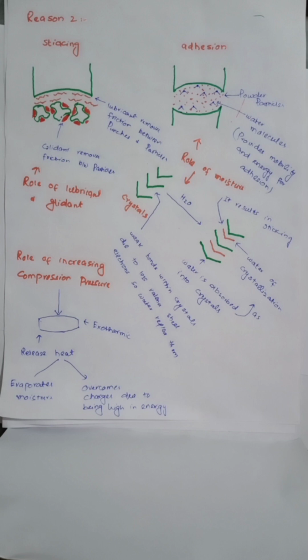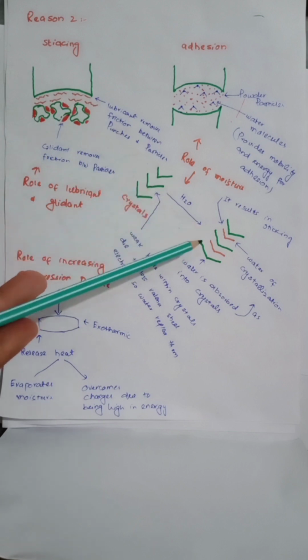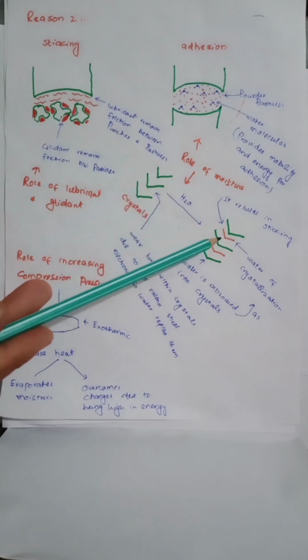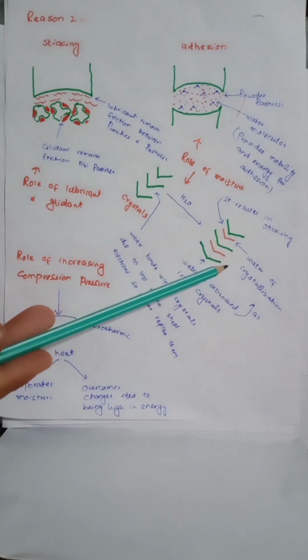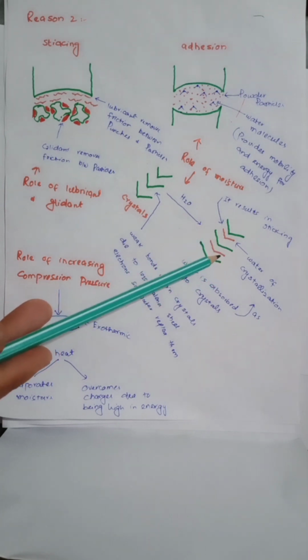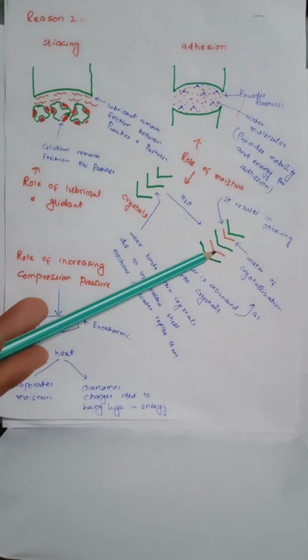So water easily removes those bonds within the crystals and replaces them, and it itself becomes part of the crystal. And this calculated amount of water which is absorbed by the crystal is called water of crystallization.